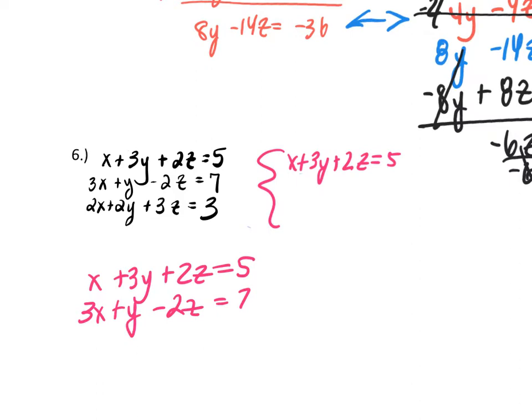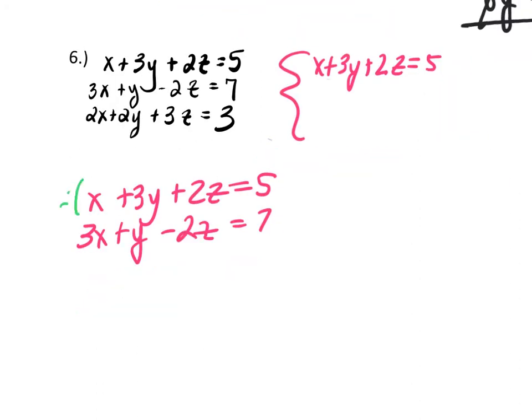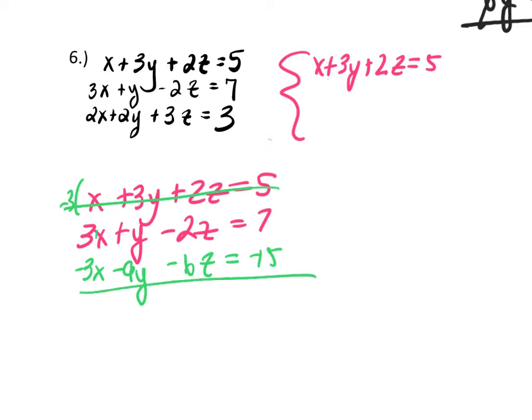I see the z's cancel out. I don't care about that right now. I'm eliminating x's. So negative 3x minus 9y minus 6z equals negative 15. Agreed? You got all my signs right? Okay, so x's cancel out.